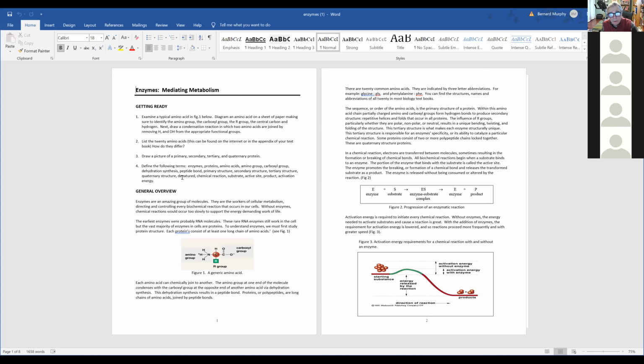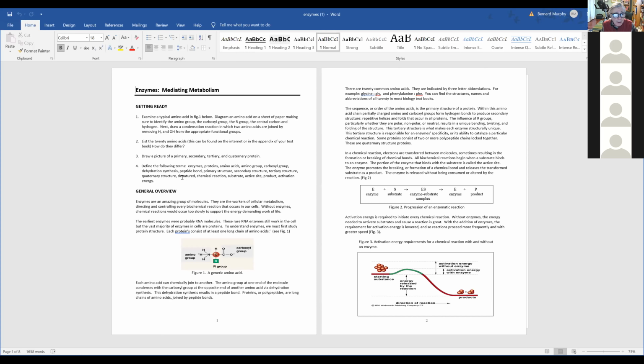But if you bring an enzyme, or actually any protein, to 100 degrees C or 212 degrees Fahrenheit, boiling, that's called denaturation. You will denature the protein. That is, you will irreversibly destroy its three-dimensional structure.